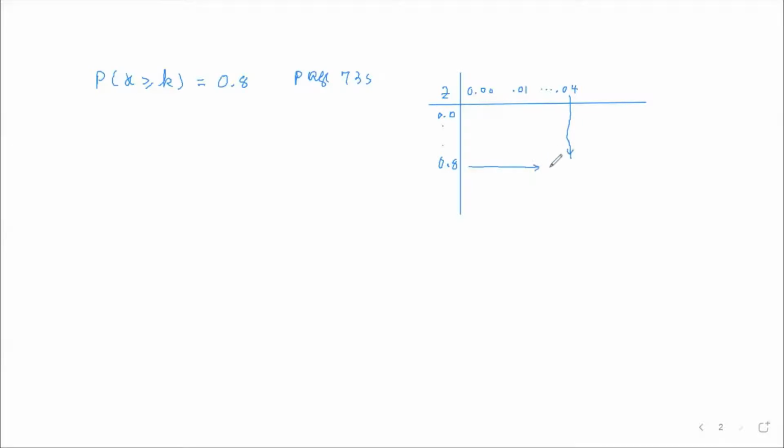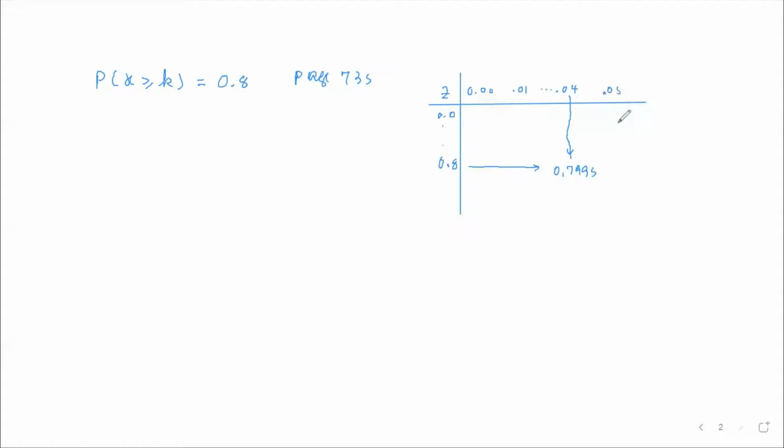You get the value between. 0.8 and 0.4 is 0.84, which is 0.7995. We have 0.7995. And go on, read up to 0.5.